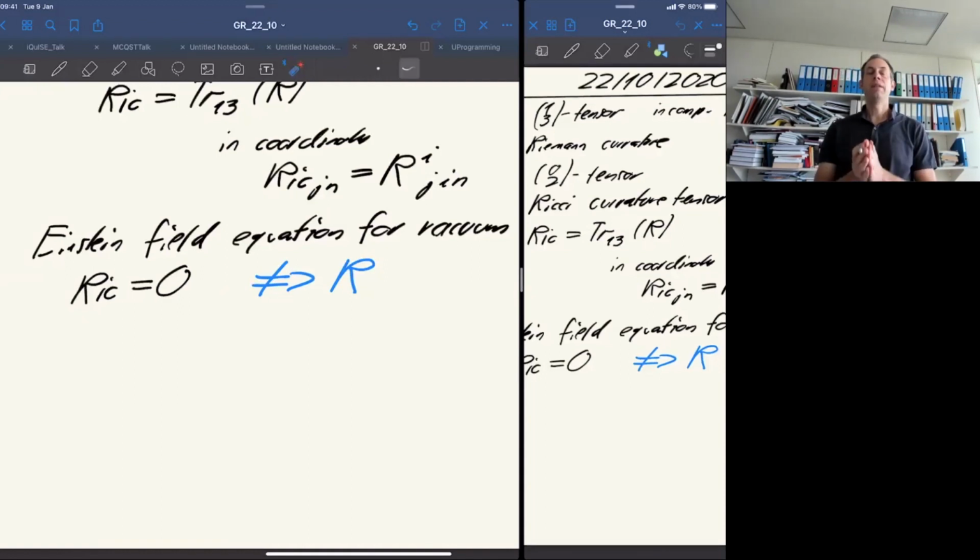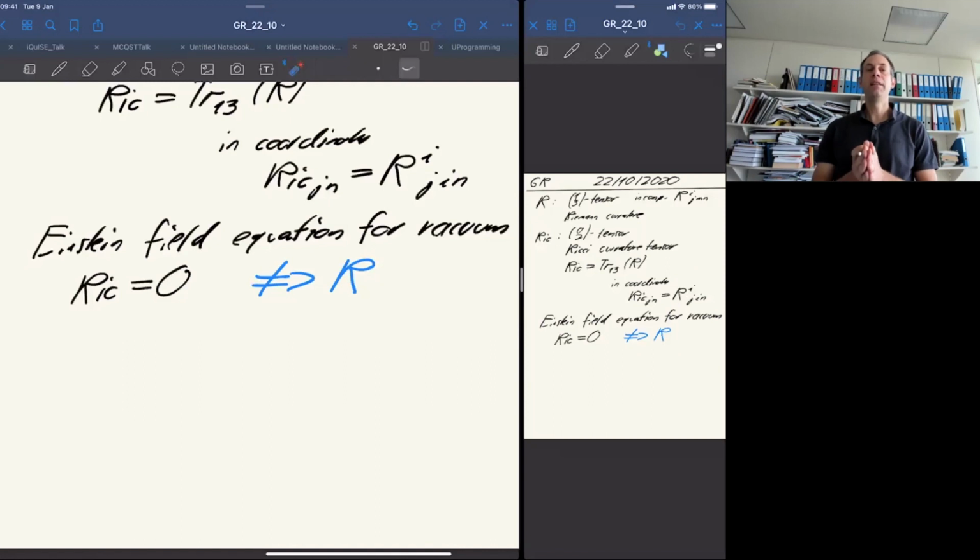One thing is, in electromagnetism, we ask how charges and currents influence the electromagnetic field. So what's the dependence of the electromagnetic field on the charges and currents? In the gravitational case, these will be the Einstein field equations.